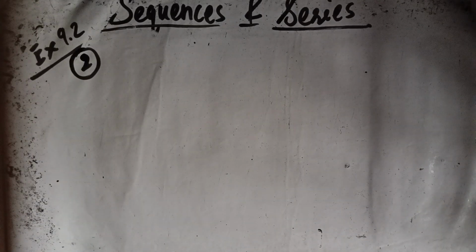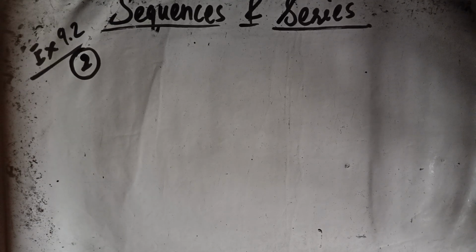Second question, find the sum of all natural numbers lying between 100 and 1000 which are multiples of 5. Again, 100 and 1000 are not included.